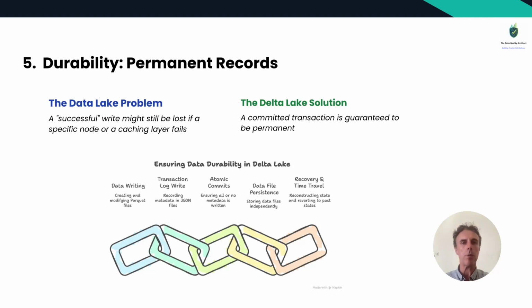It's the concept of time travel. This robust logging and atomic commits ensure that your data lake operations are as reliable as database transactions, preventing data loss and corruption, which is one of the downfalls of just having a data lake by itself.